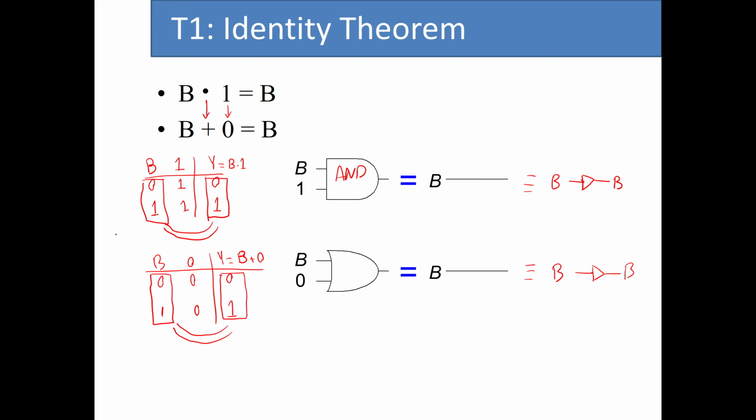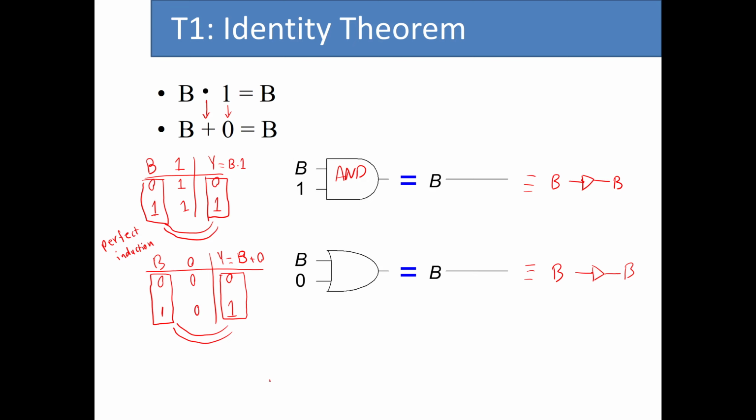So this way of proving the two sides of this equation is called a perfect induction. And it is a very common way to prove the equality of Boolean equations. Since we are working with Boolean equations and binary values, there is a limited number of possibilities that those values can have, right?